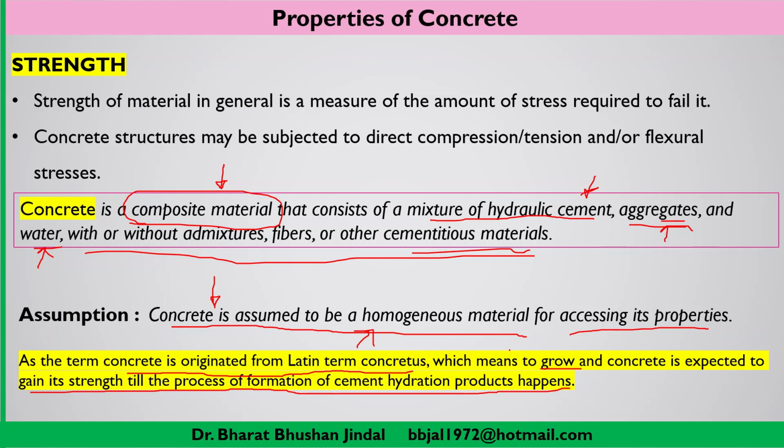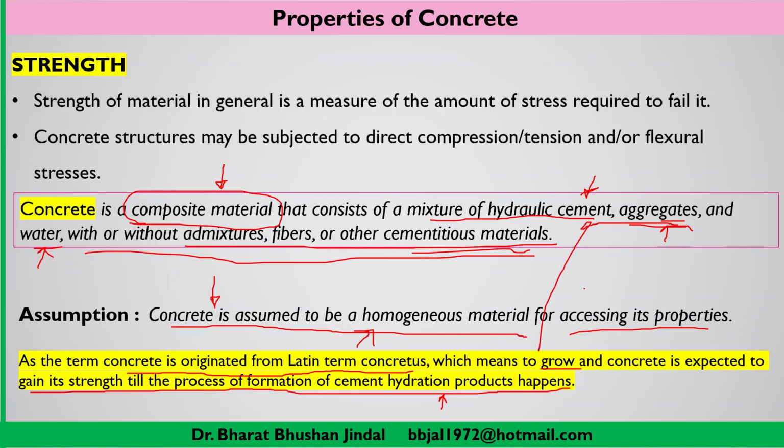Now this cement will hydrate and new products will be formed, just like CSH gel, and those hydrated products will have binding properties. They will bind aggregate and admixture etc. So it will be binding all the ingredients, and now you will get a hardened material, and that hardened material is known as concrete.